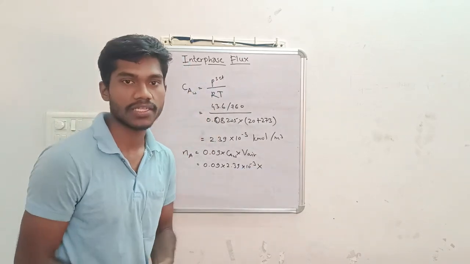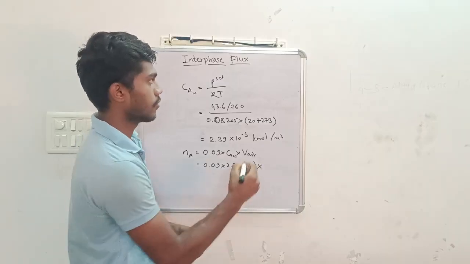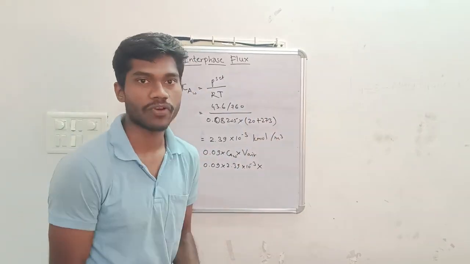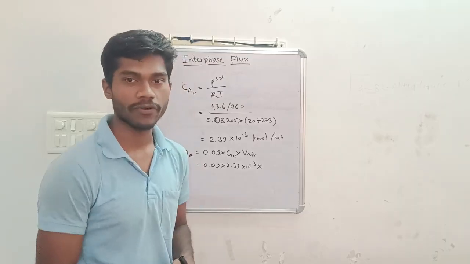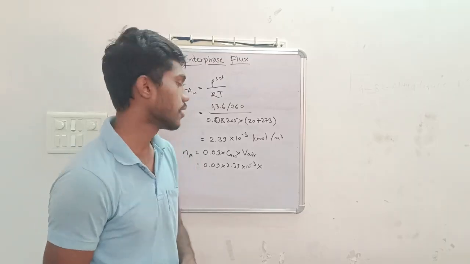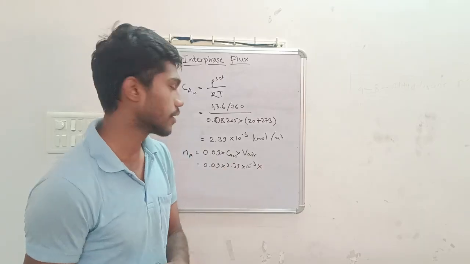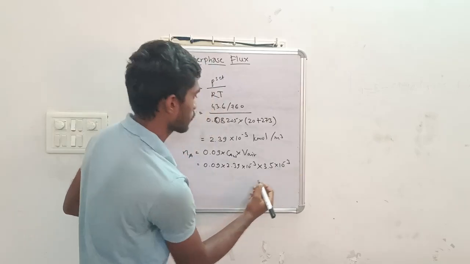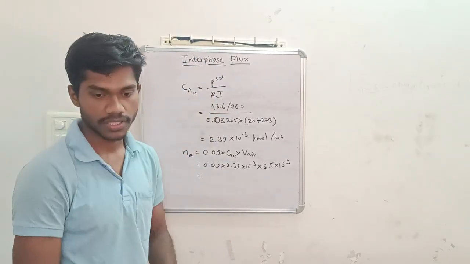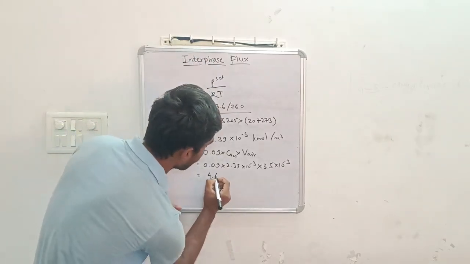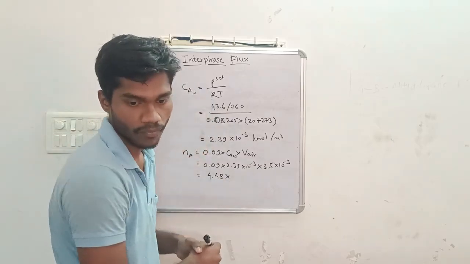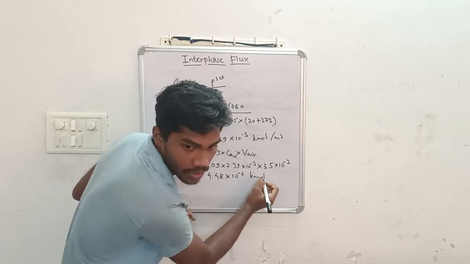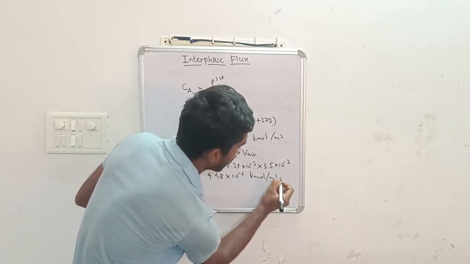Volume of air is 3.5 because total volume is 4.5 and volume of ethanol is 1 liter, so 4.5 minus 1 is equal to 3.5 liters. So 3.5 into 10 power minus 3.